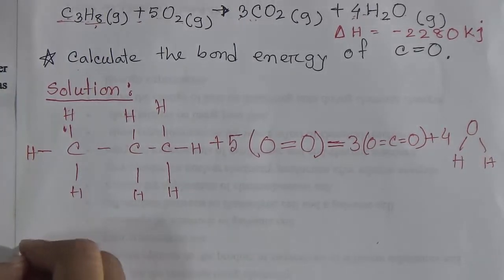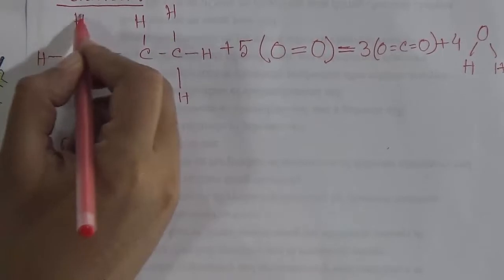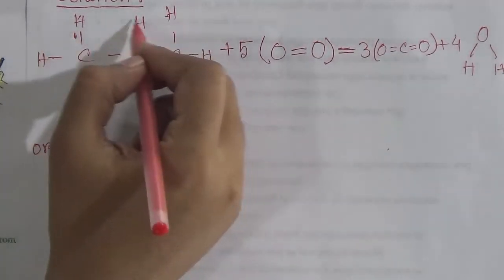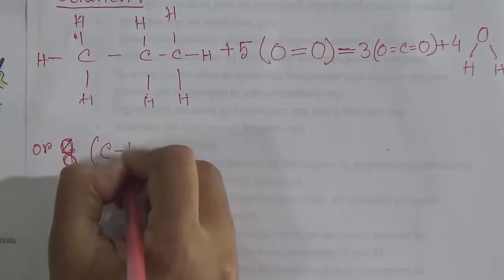Now count the bond energy. Here, 1, 2, 3, 4, 5, 6, 7, 8. 8 C-H bonds.